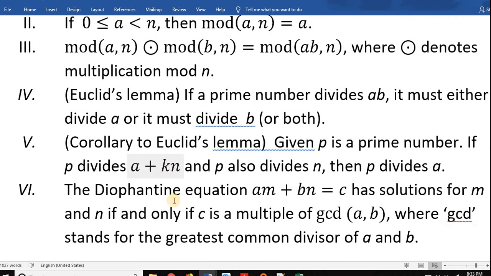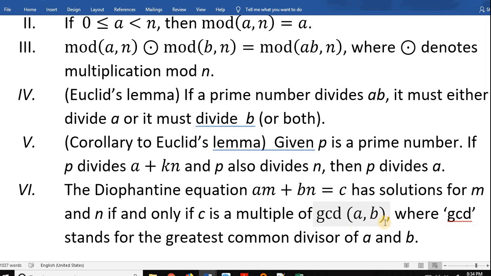In this case, we're going to want to use this Diophantine equation here. This Diophantine equation, am plus bn equals c, has solutions for m and n if and only if c is a multiple of GCD of a and b. So let's figure out what we want to do here. If we let our a be the a that we're looking at and the n be the n that we're looking at, we have the condition that a and n are relatively prime.